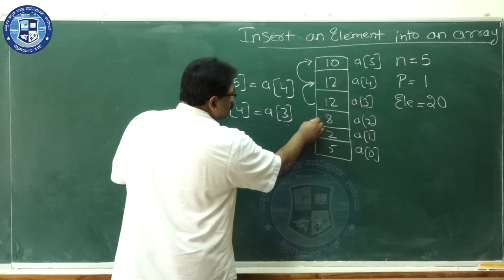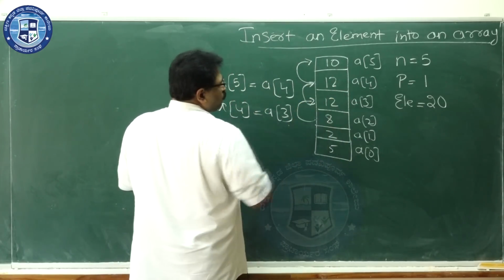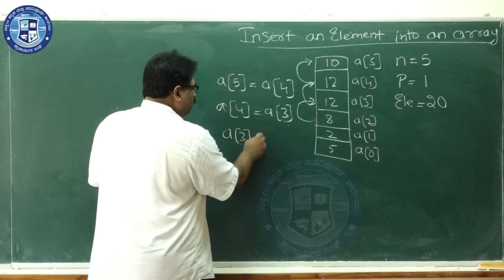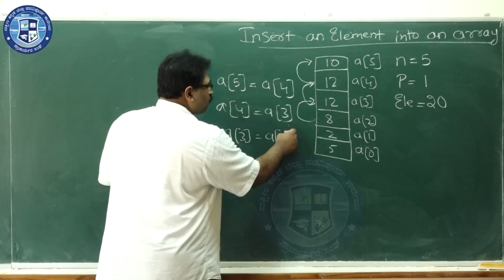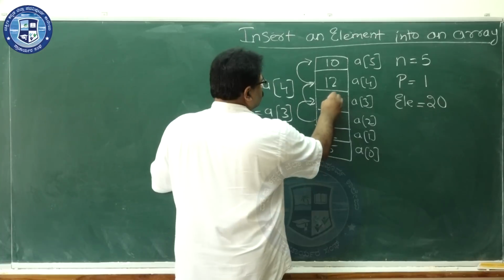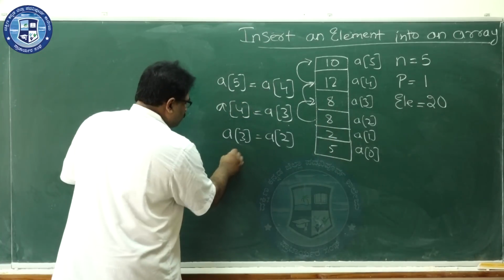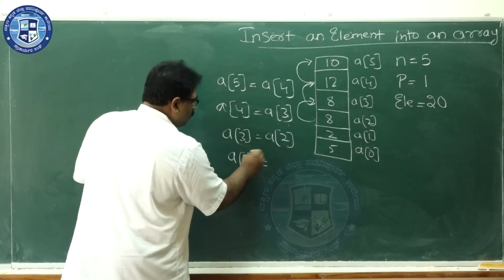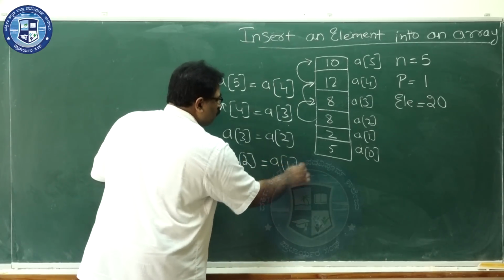The next one is this value I'm going to shift over here. So it means A of 3 is equal to A of 2. So what will be there in A of 3 now? 8. And the next one is A of 2 is equal to A of 1.